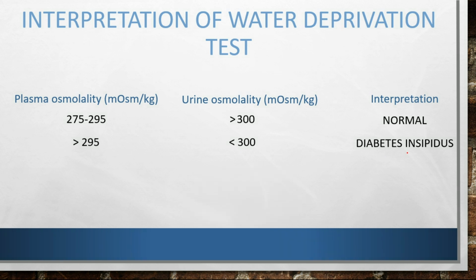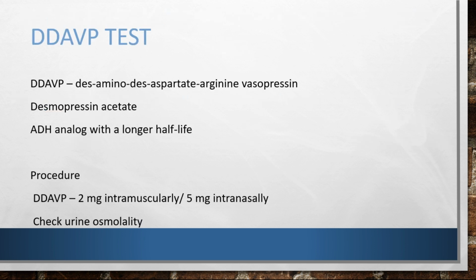After diabetes insipidus is confirmed, we can do the DDAVP test to differentiate central diabetes insipidus from nephrogenic diabetes insipidus. DDAVP stands for desamino-D-arginine vasopressin, which is also known as desmopressin acetate. It is an ADH analog with a longer half-life. In the procedure, we provide DDAVP 2 mg intramuscularly or 5 mg intranasally, and we check the urine osmolality.